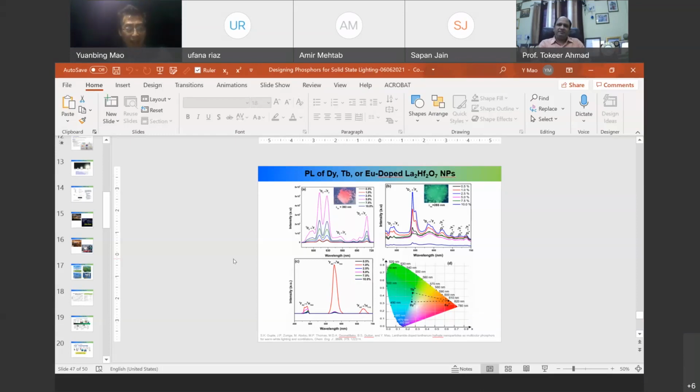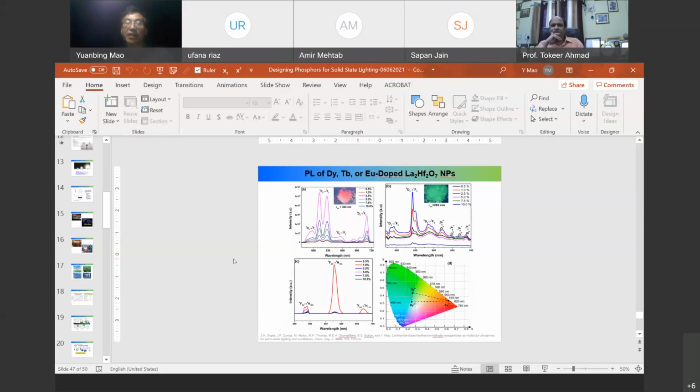Of course, right now one direction is to try to develop rare earth-free doped phosphors. In general, rare earth elements are quite difficult to get, meaning pure rare earth elements that we can use, and the cost is pretty high.